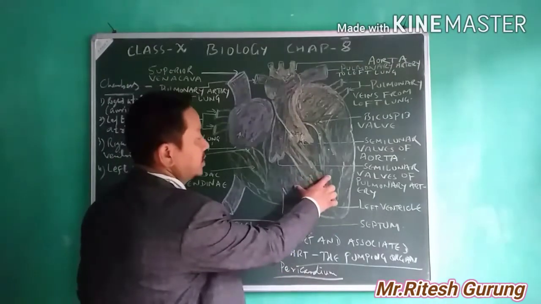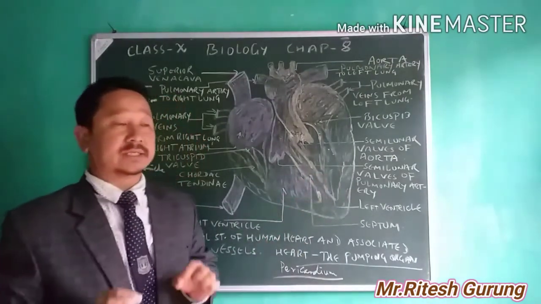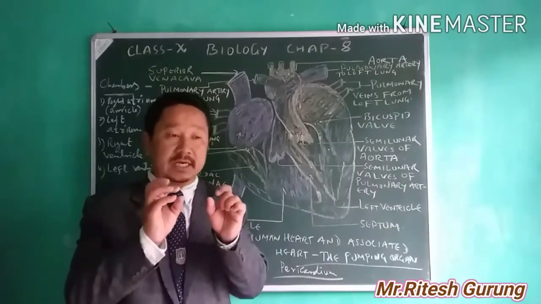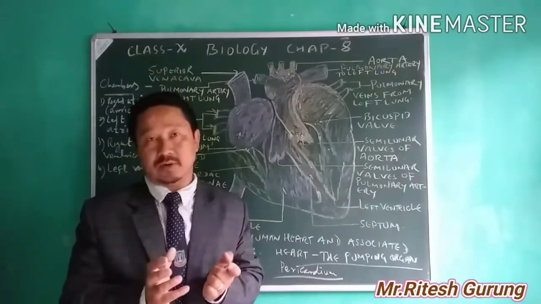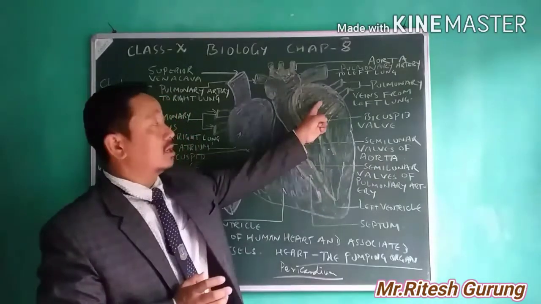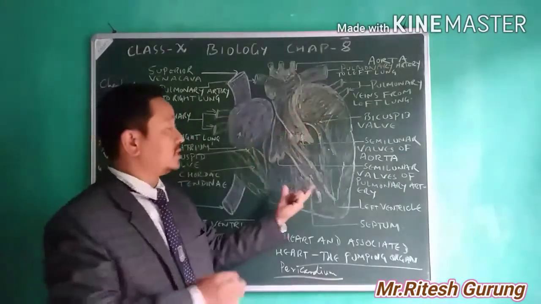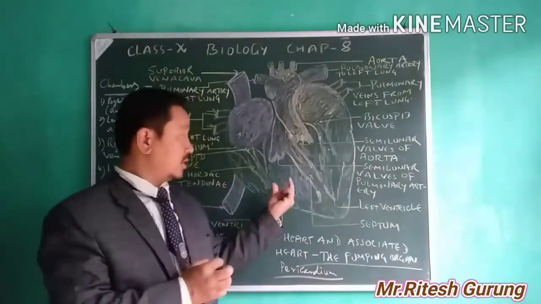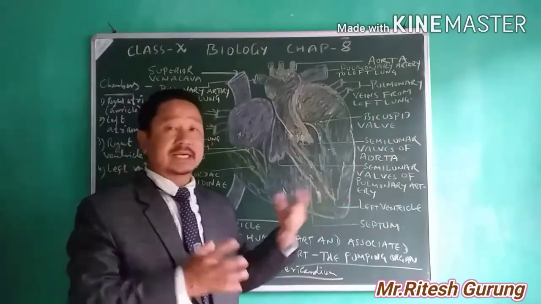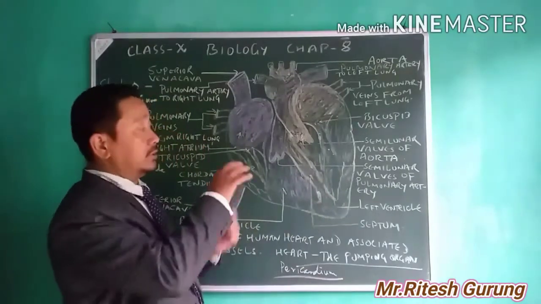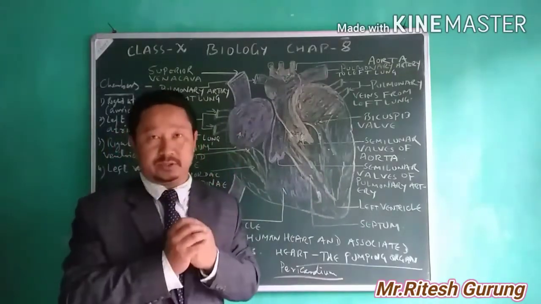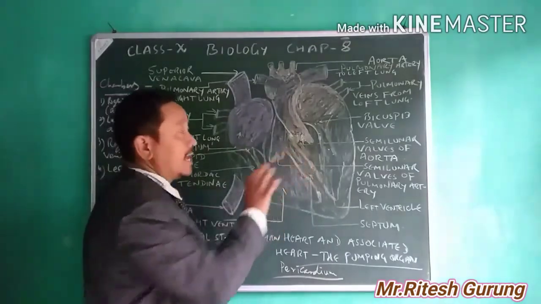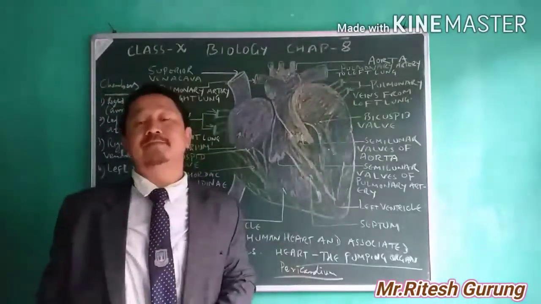But as you see here, the wall of this ventricle is made up of thick muscle, thicker than the wall of the auricles. Why? Because when these ventricles get contracted, a heavy force is pumped with which the blood has to be pushed out to the different parts of the body.